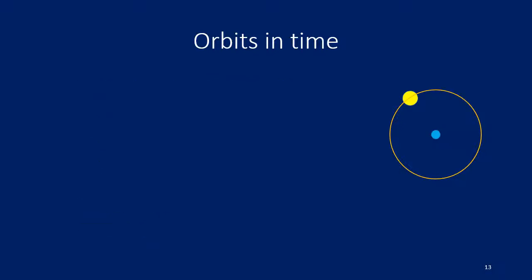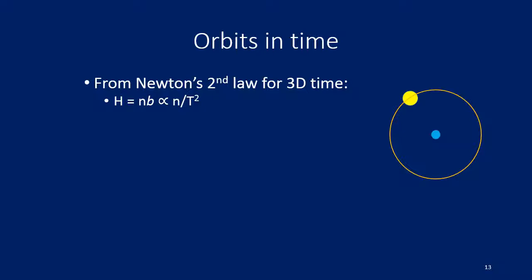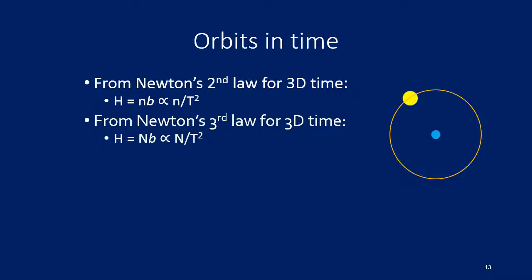Continuing with orbits in time, we have from Newton's second law for 3D time that the rush is equal to the vast times the expedience, and this is proportional to the vast divided by the period squared. Then from Newton's third law for 3D time, we have an equal and opposite rush is equal to the opposite vast times the expedience, and this is proportional to the opposite vast divided by the period squared.